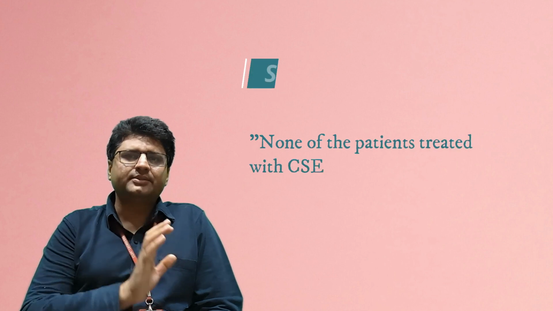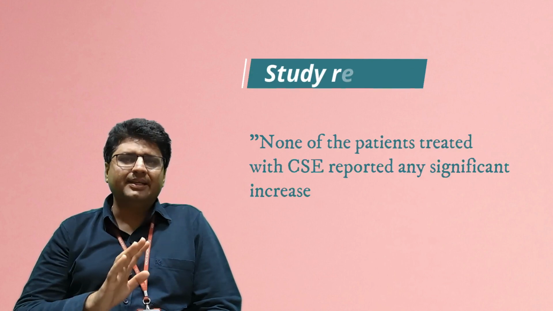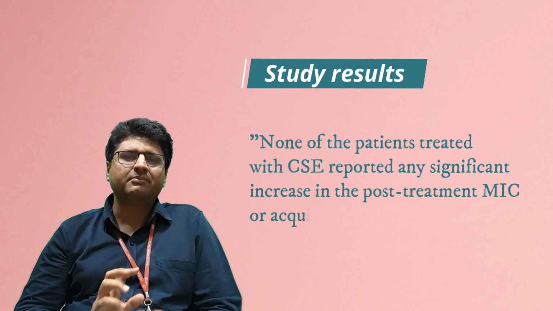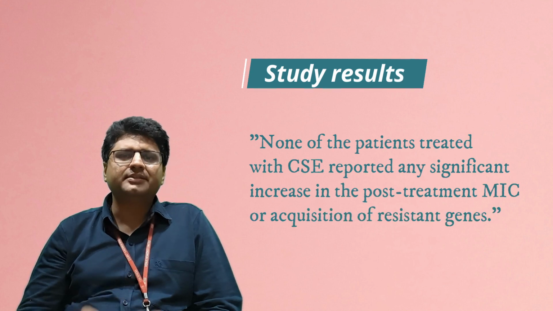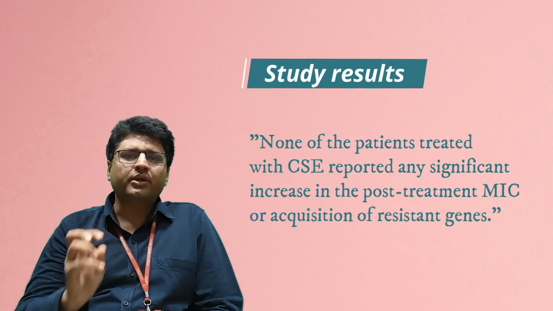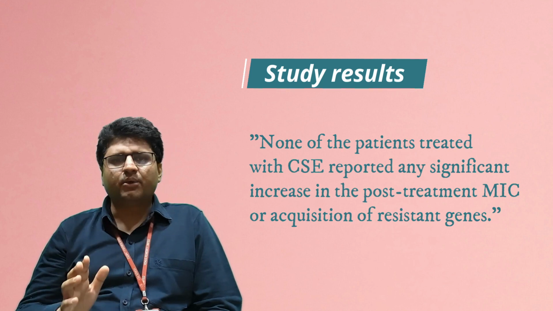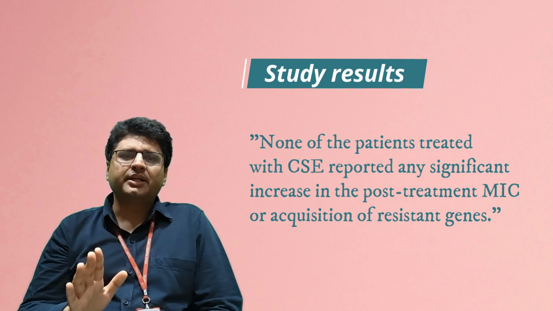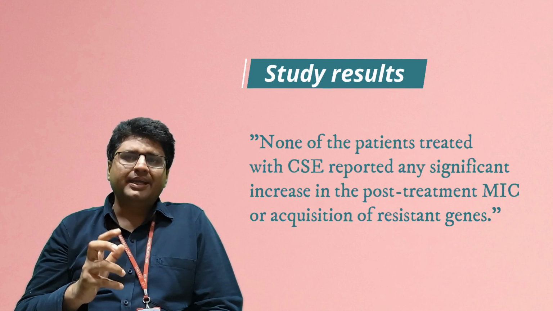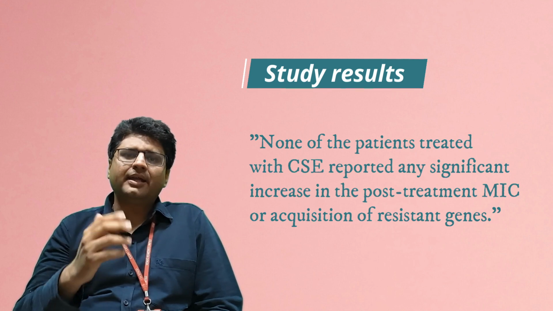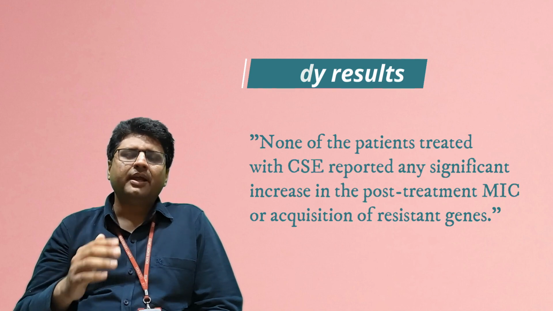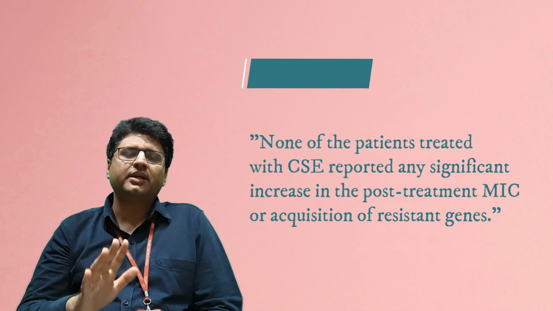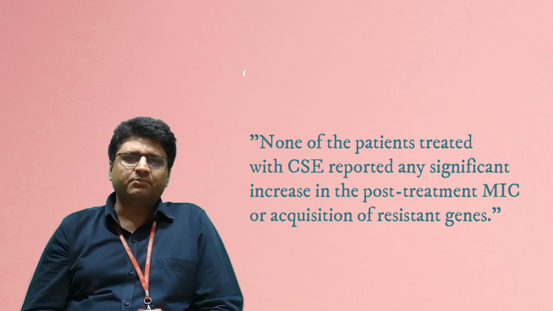Also, none of the patients treated with Elores reported any significant increase in the post-treatment MIC or acquisition of resistant genes. So this is again an important outcome which we can share with our doctors: none of the patients who failed Elores therapy reported a significant increase in the MIC at TOC or post-treatment, and none of the resistant genes were acquired in these patients.